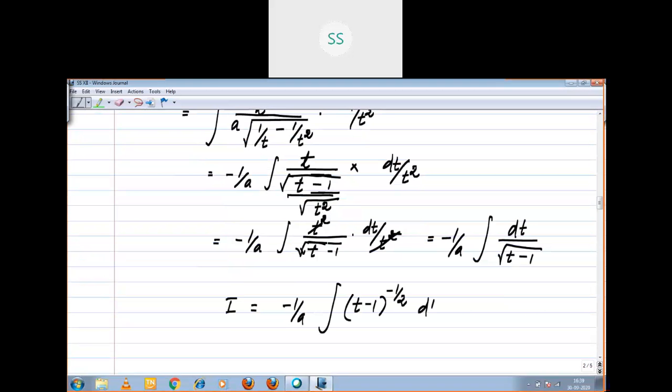Right, then it is clear. Here already one t is there. Now when you are taking LCM, what can you get? t minus 1. Here also it becomes square root of t minus 1. Now minus 1 by a into integral dt divided by square root of t minus 1.